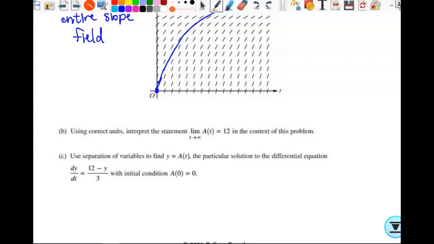Kind of the same thing, but actually 12. Why? Yeah, why? How much medication?